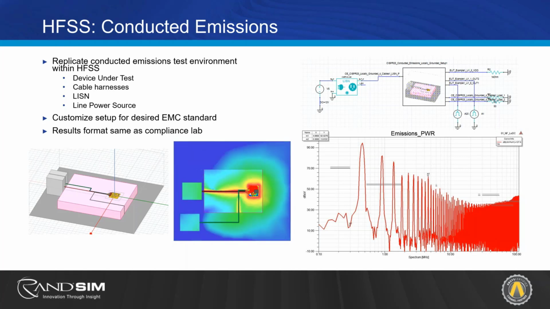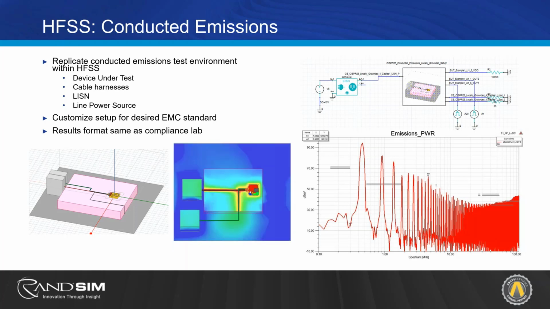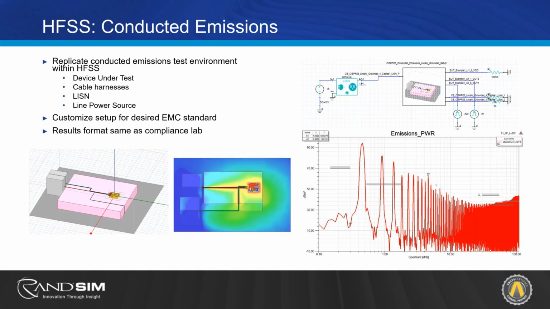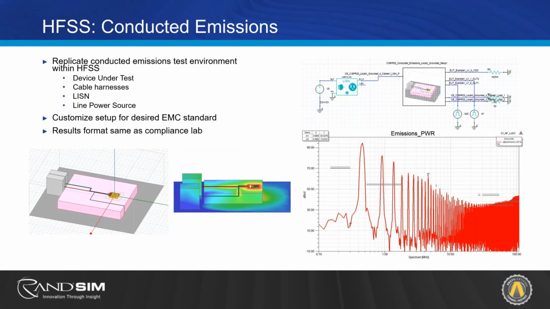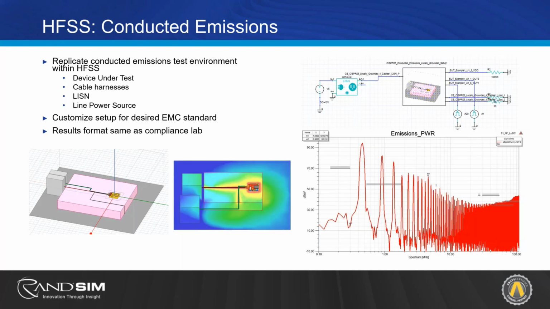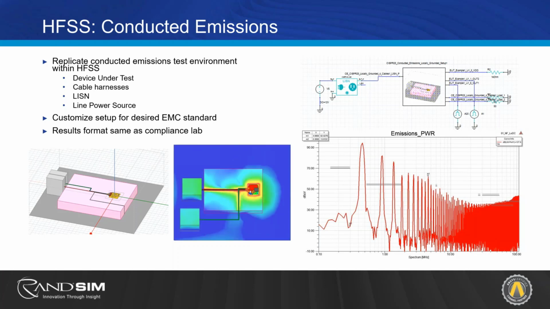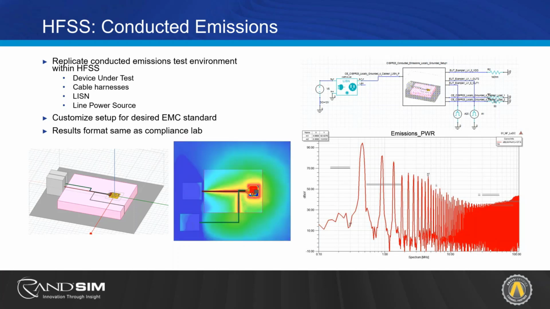But I would say that for the majority of designers, this isn't something that you would necessarily need to use, but it is something that is available and something that you would have access to with access to the EMI scanner as well. So it's just an additional layer of confidence that can be instilled upon your design, and then you can get your actual data that will match very, very closely to the actual test data.